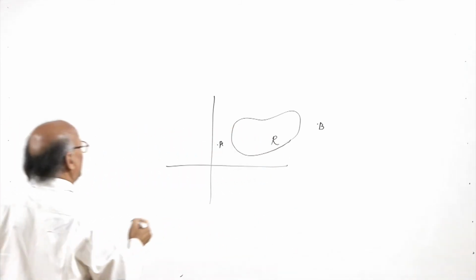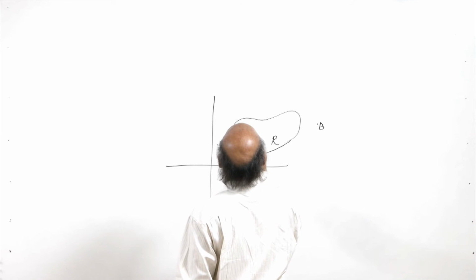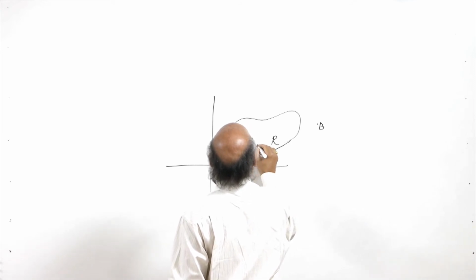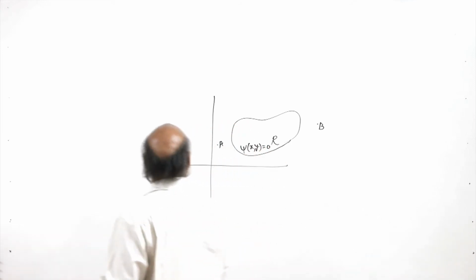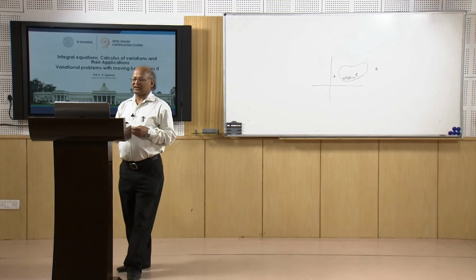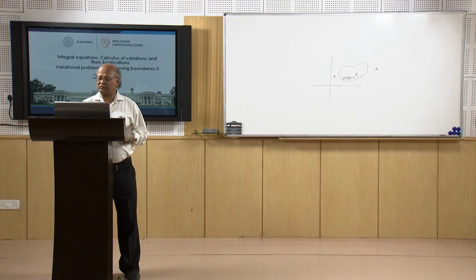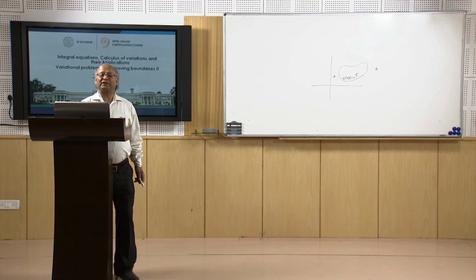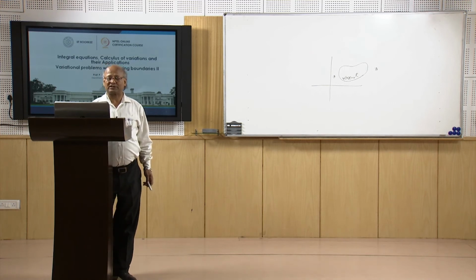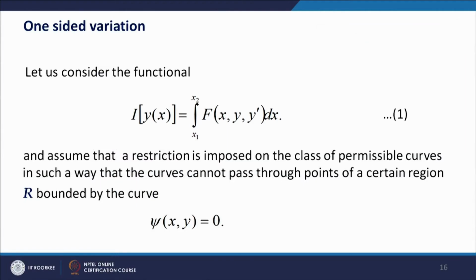This region R is bounded by the curve psi of x, y equal to 0. So the region R is bounded by the curve psi of x, y equal to 0, and we want that function, that extremal on which the restriction is imposed that it cannot pass through the points of the region R.